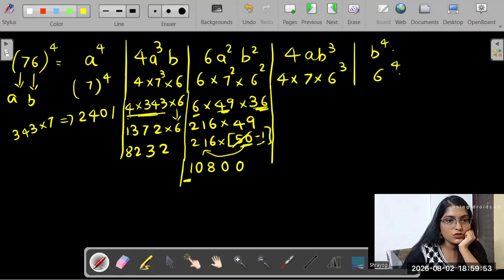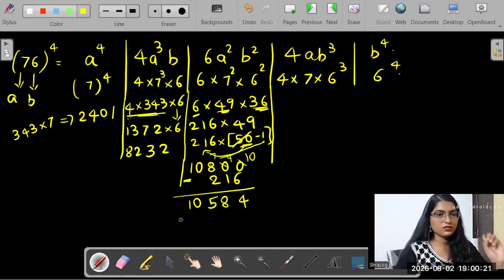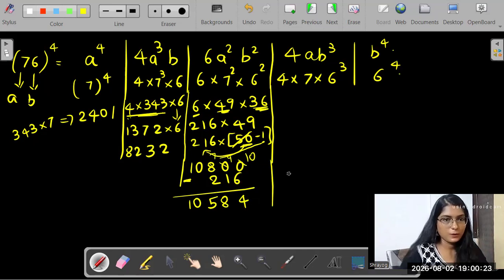So this 1 should also get multiplied by 216. So 216 multiplied by 1 is 216. So I will write that 216 here and subtract it. Why subtract? Because there is a minus sign in the bracket itself. Now, after subtracting it, I get 10584.